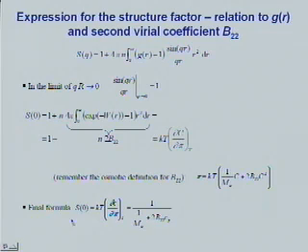So the scattering factor at small q is equal to 1 over the molecular weight plus 2 times the virial coefficient times the concentration of the particles.